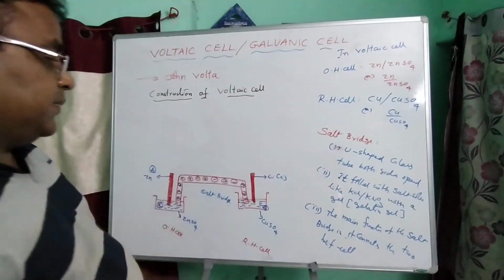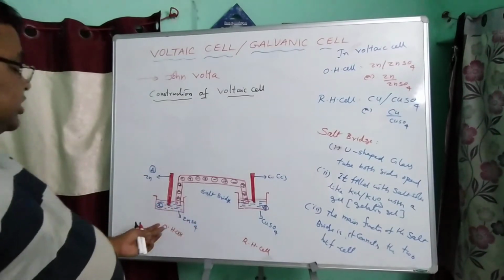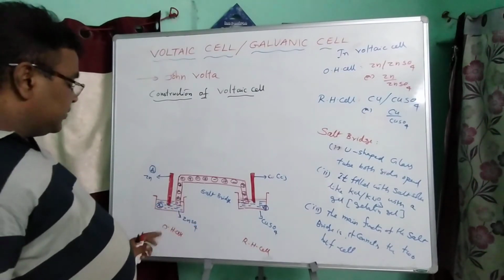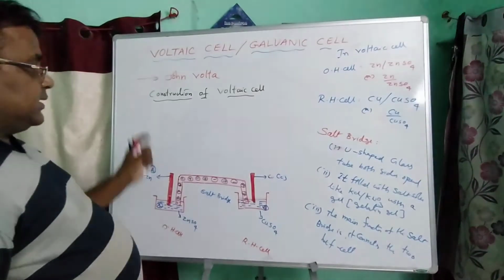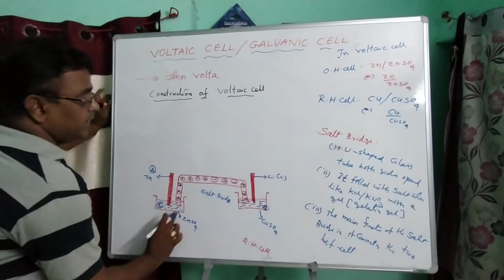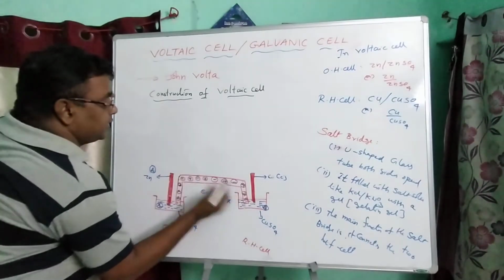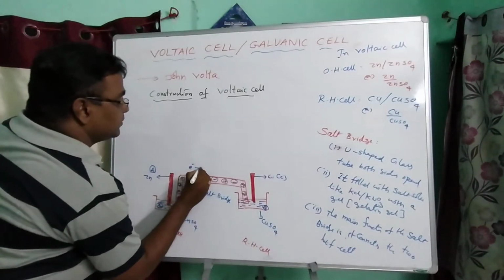In the oxidation half cell, oxidation takes place, which means electrons are liberated. The liberated electrons migrate from the oxidation half cell to the reduction half cell through the salt bridge.